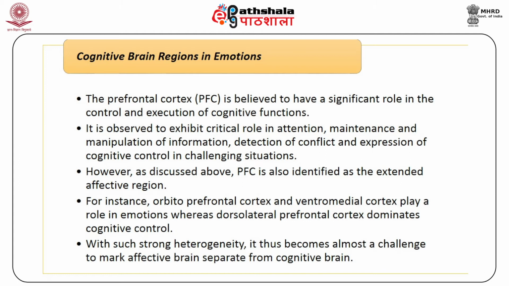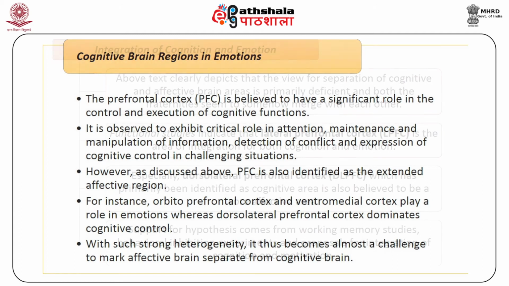Nonetheless, the recent literature focuses on a robust role of PFC in cognitive processes. This duality leads to strong compartmentalization of PFC into areas that control emotions and others that control cognition. For instance, the orbitoprefrontal cortex and ventromedial cortex play a role in emotions, whereas the dorsolateral prefrontal cortex dominates cognitive control. With such strong heterogeneity, it becomes almost a challenge to mark the affective brain separate from the cognitive brain.